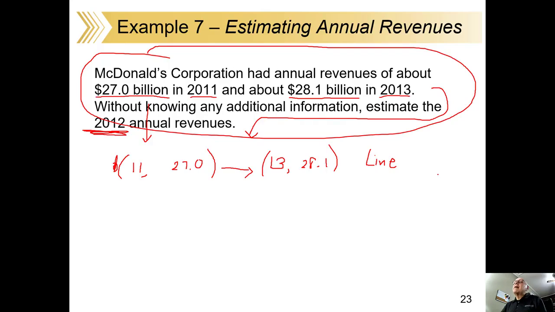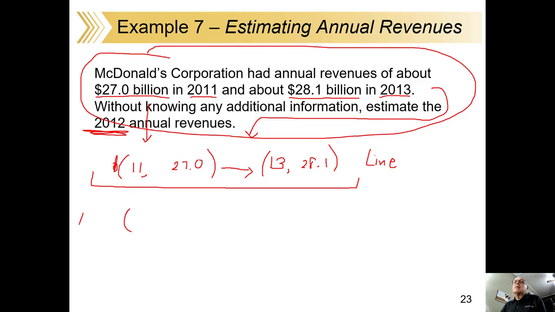Now, if we make that assumption, then I can find out what the midpoint is between those two. Notice 2011, 2013, halfway between is 2012. That's convenient in this case. All we have to do is find the midpoint.